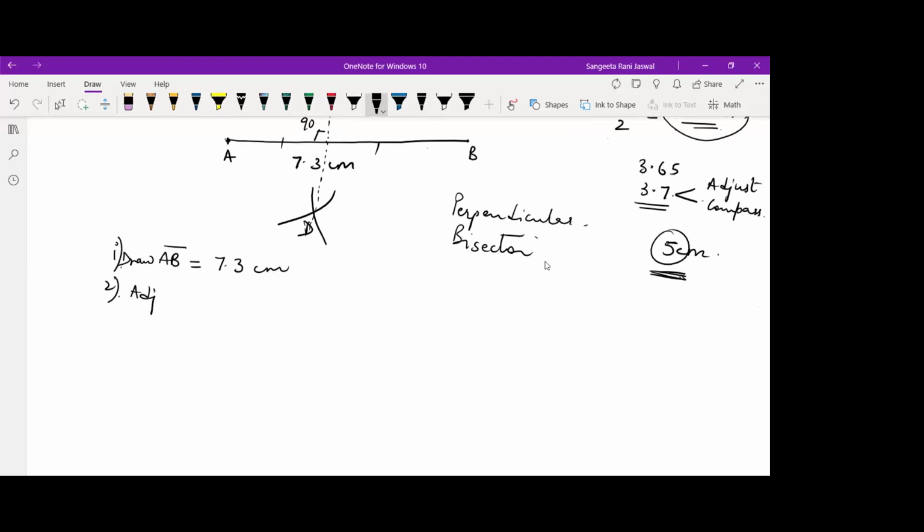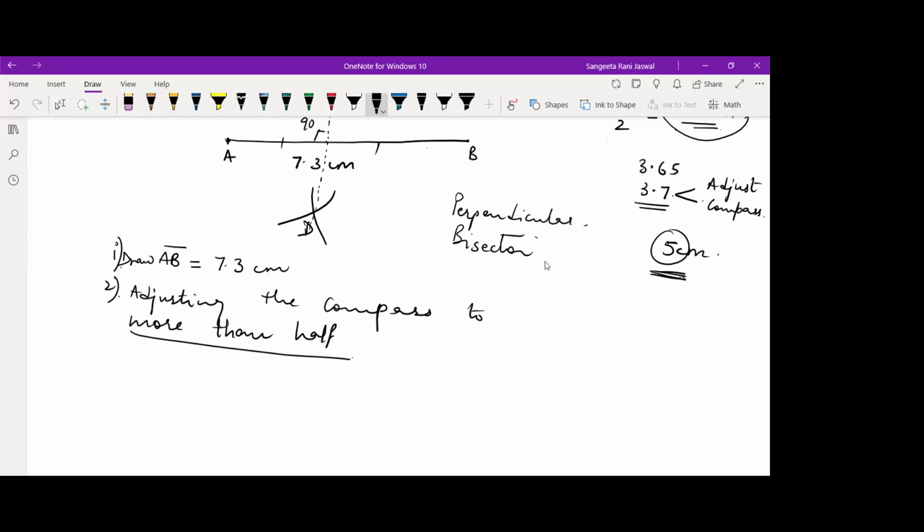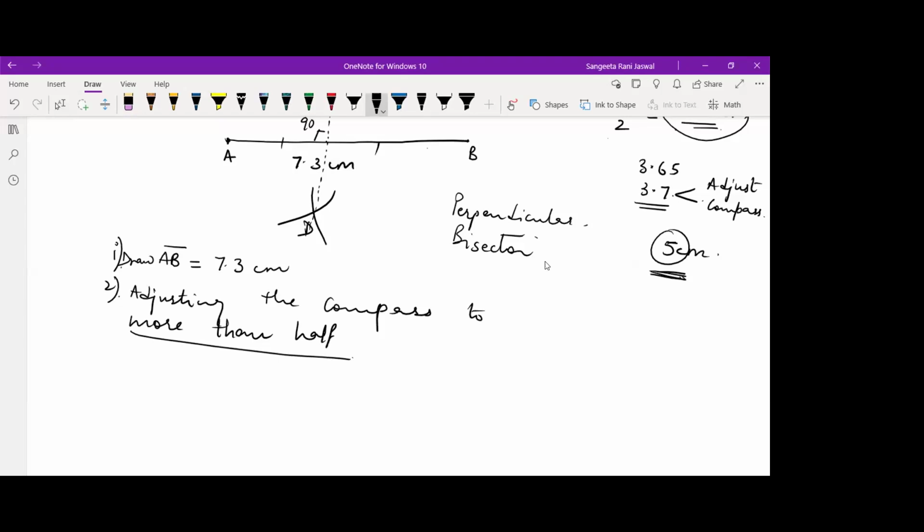Please write down the steps. Adjusting the compass to more than half. See, this is a very important thing. Writing more than half. Okay. Why half? Why more than half? We'll try something with less than half also. Then you'll get to know its importance.